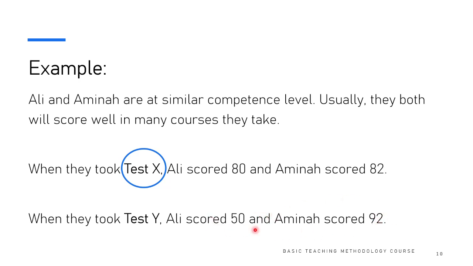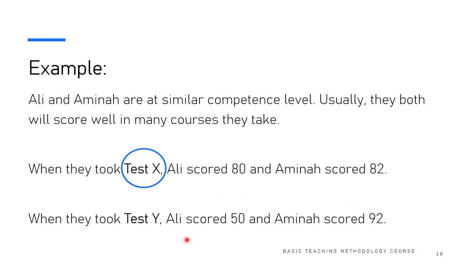This indicates that the test might be unreliable because it doesn't produce consistent results between people who are the same. If Ali and Aminah are of the same competence level, test Y, if it is reliable, should also produce results just like test X. So test X is deemed much more reliable than test Y.